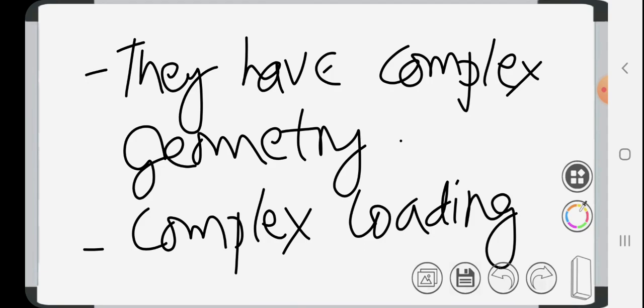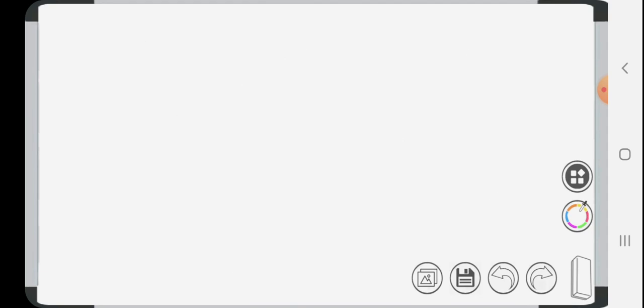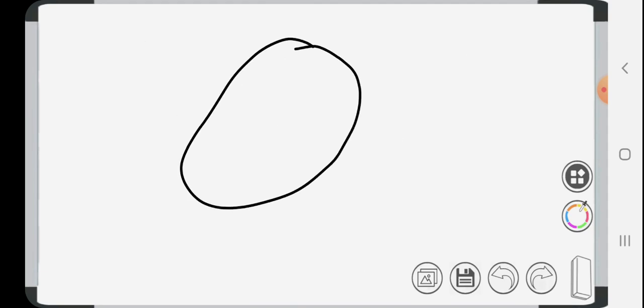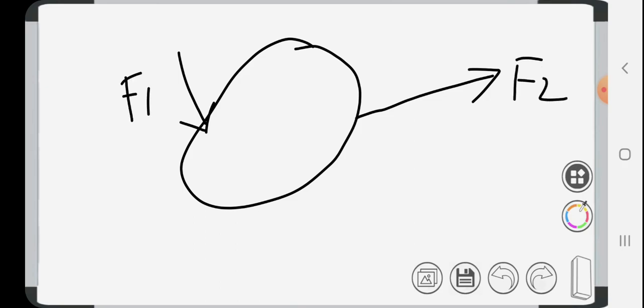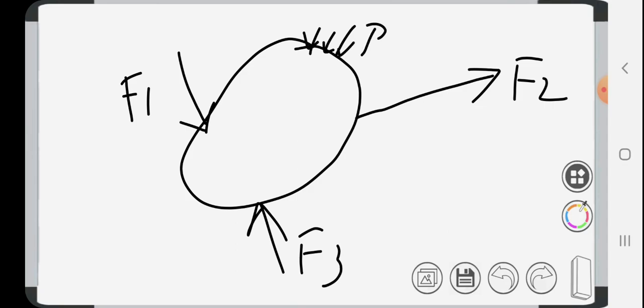I will draw an element, some shape, not exactly spherical. Suppose this is having so much of loading, like some F1 force here, F2 force here, some F3 force here, some uniform kind of loading P here, uniform loading, right?